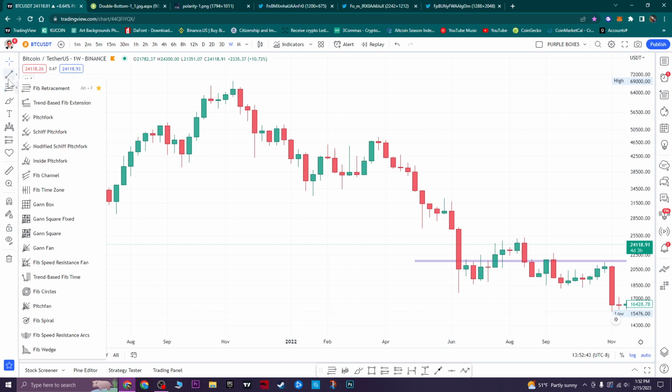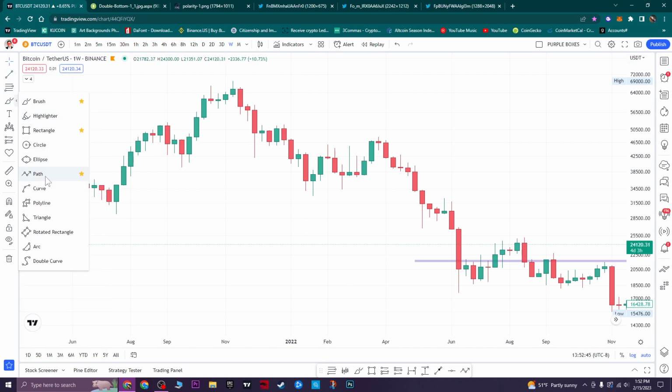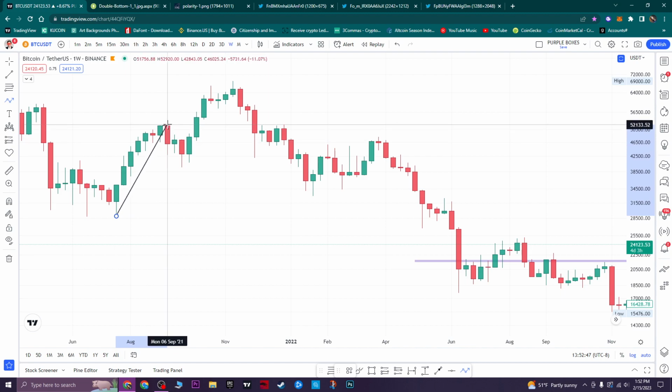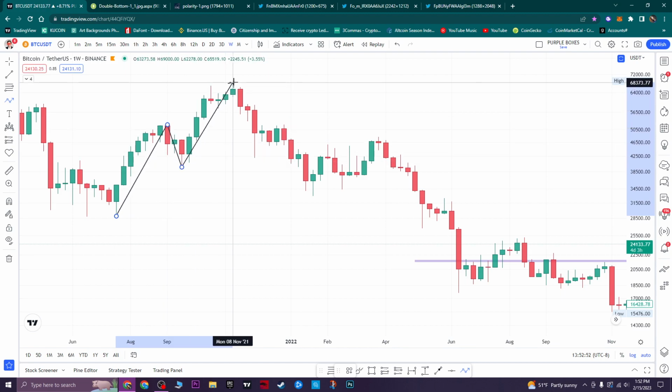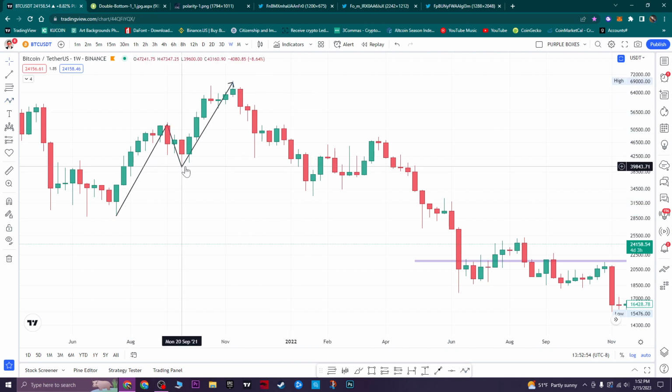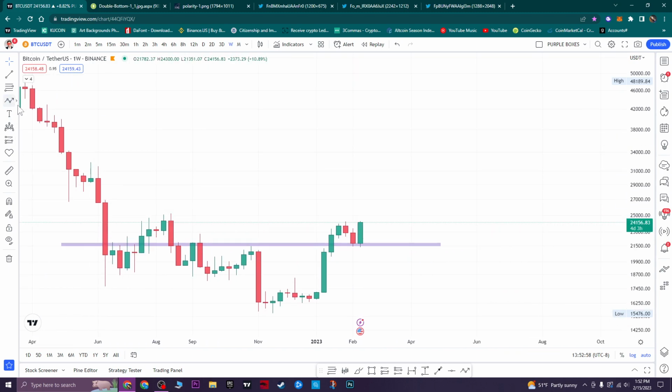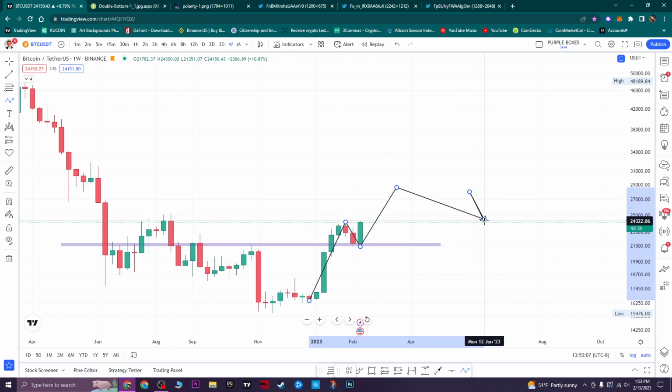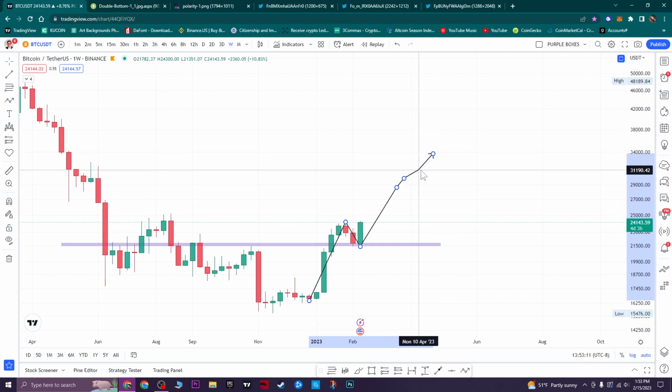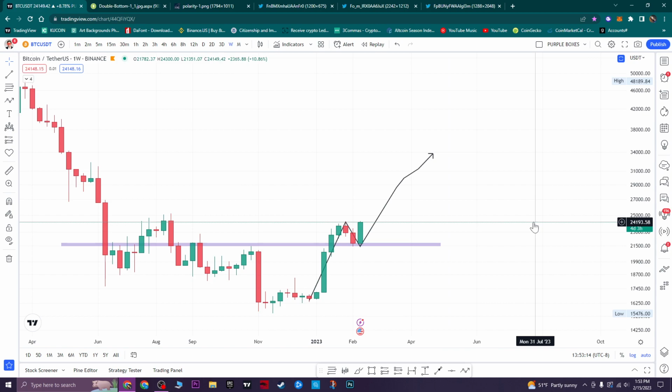We have a massive move up, 2 consecutive red candles. We held the line and another move up. Again, massive move up, 2 consecutive candles. We hold the line, another move up. You get the point.